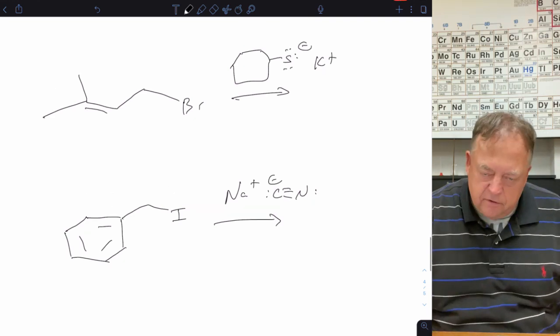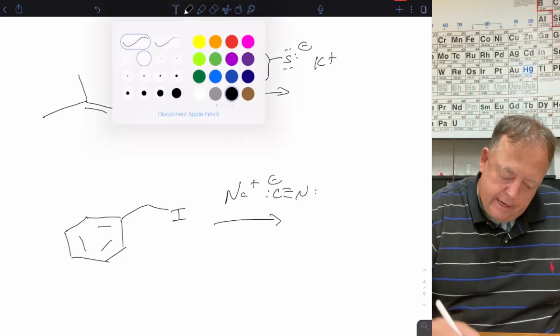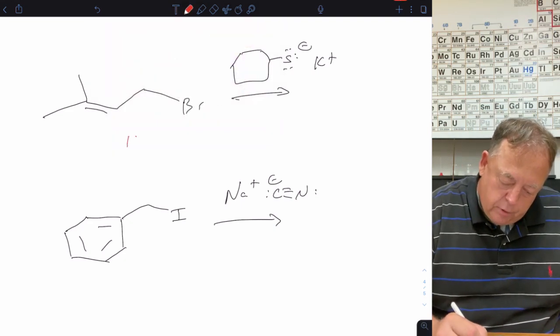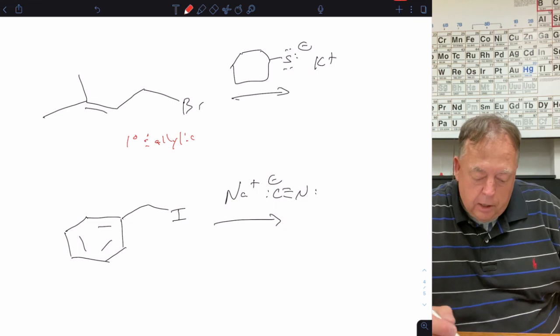And let's again convince ourselves that these are the characteristics of an SN2. So if we classify the alkyl halide, this alkyl halide is primary and allylic. And allylic is just fine. Allylic is great for an SN2 as well.